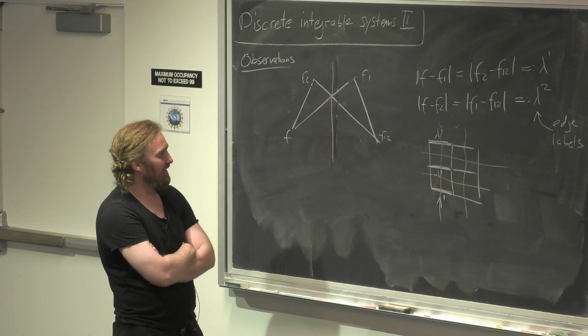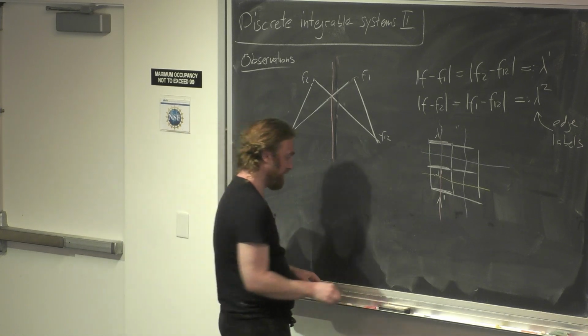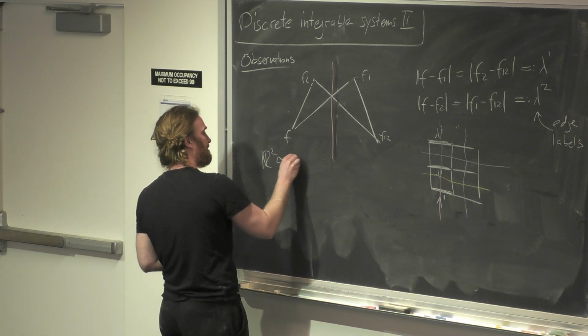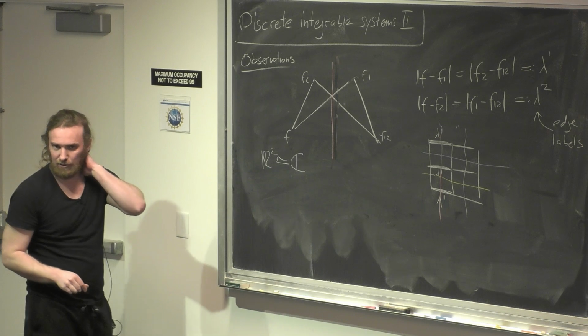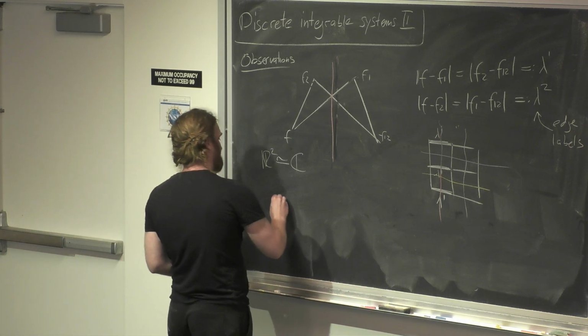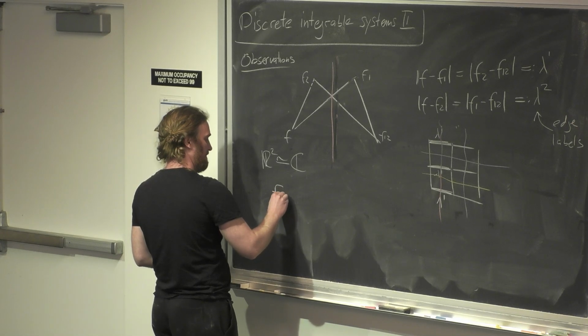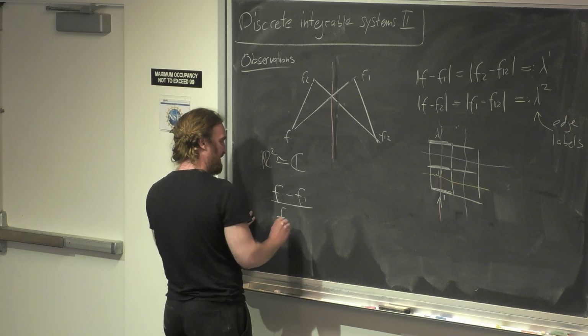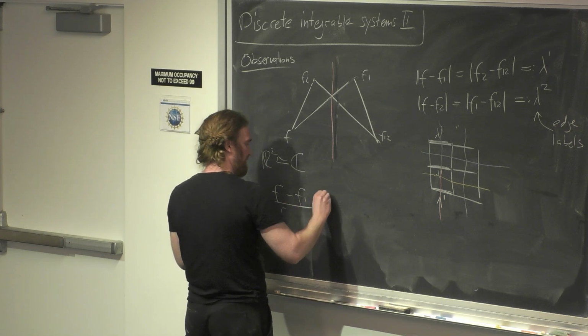Now we're almost there. Now I'm just going to write down the claim. For this, we identify R2 with C, the complex numbers. And the equation that we use is the following.